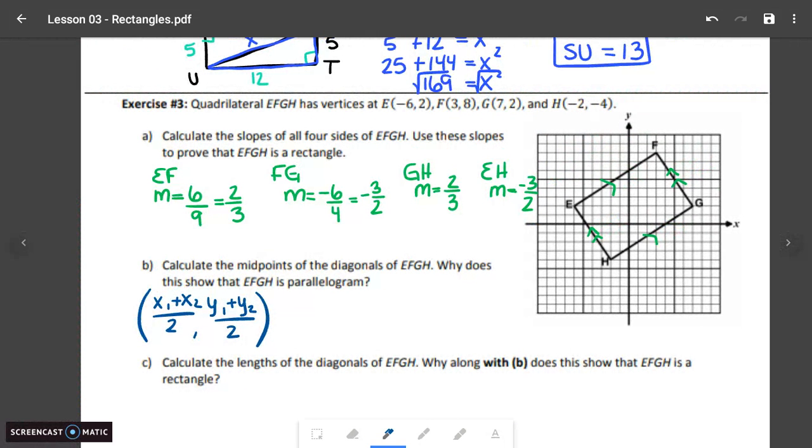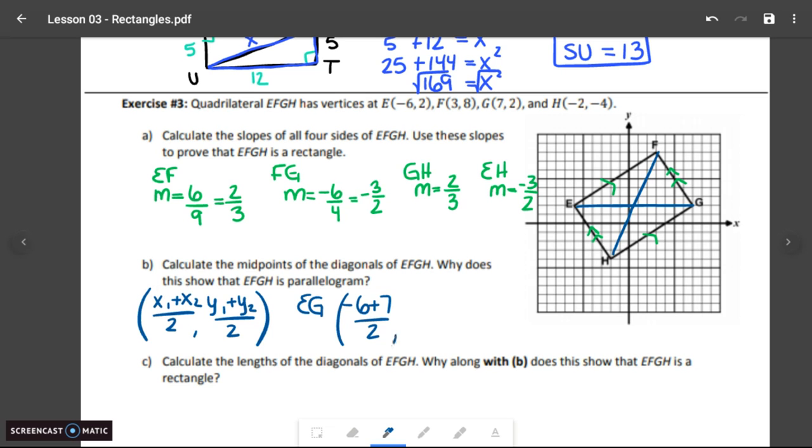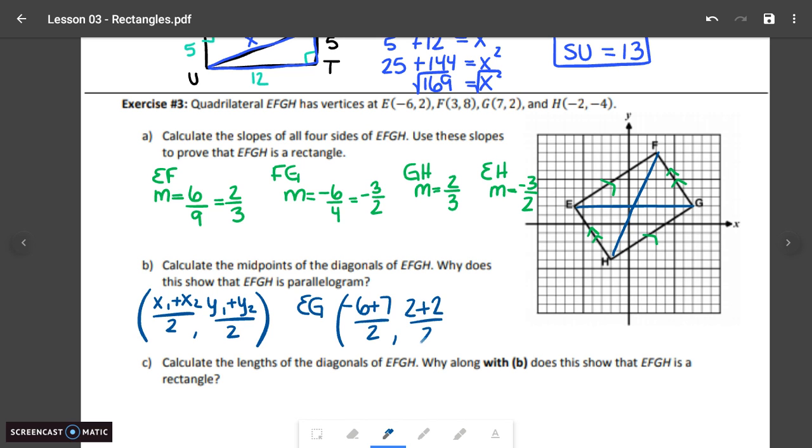If we did that for the 2 diagonals, so remember diagonals meaning it's EH and EG, when we do this for EG, it's going to be -6 plus 7 divided by 2, as well as 2 plus 2 divided by 2.